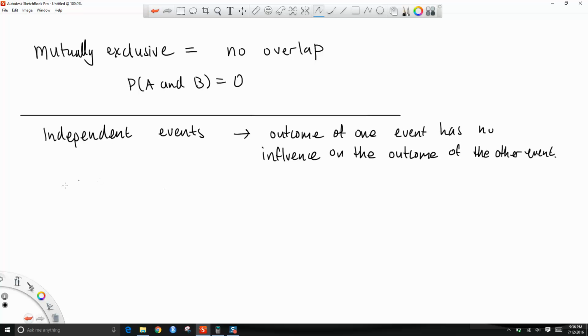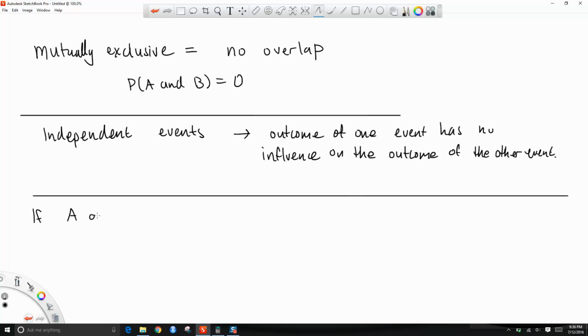Okay, so here's a question. If A and B are independent, could they also be mutually exclusive?